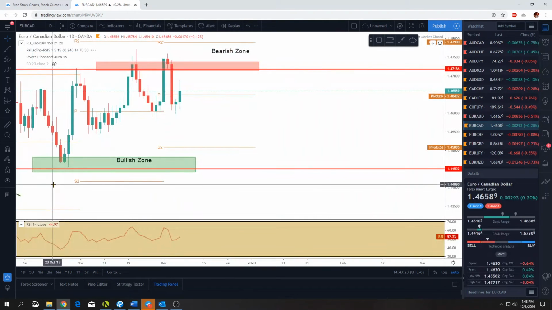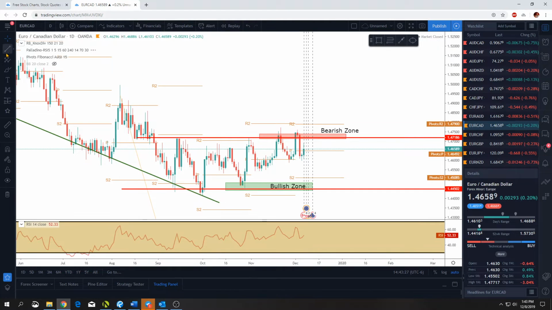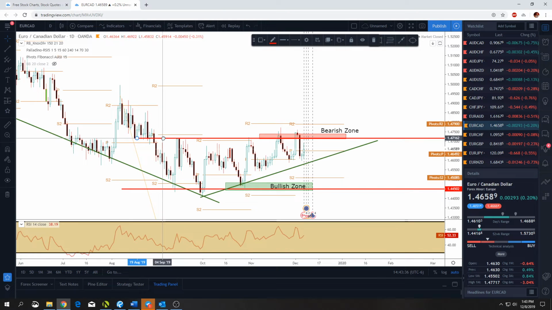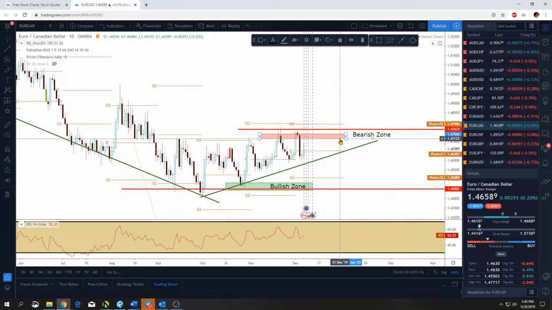Euro, Canadian dollar. We're in this slight upward trend now, but we can't seem to get too far from this resistance. I'm going to move that up to these two most recent ones, because that would be where I want to get bearish now.